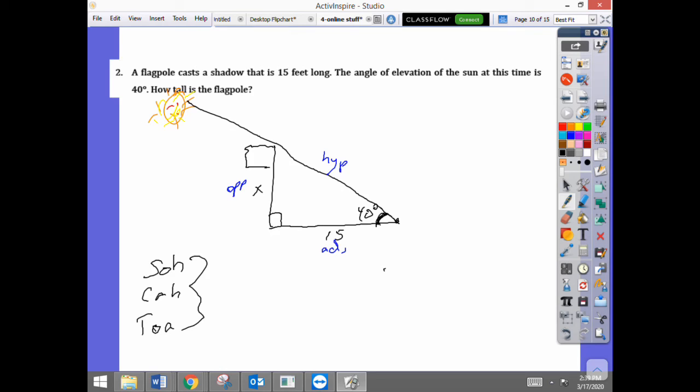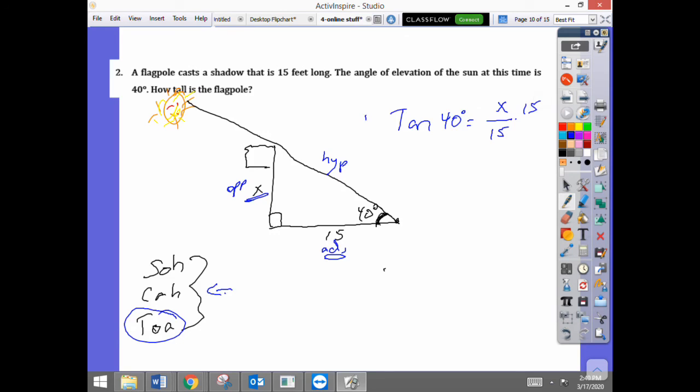Which of these three am I going to use? I have an opposite and adjacent. What over here uses opposite and adjacent? The TOA. So I can say the tangent of 40 degrees is equal to the opposite over the adjacent.